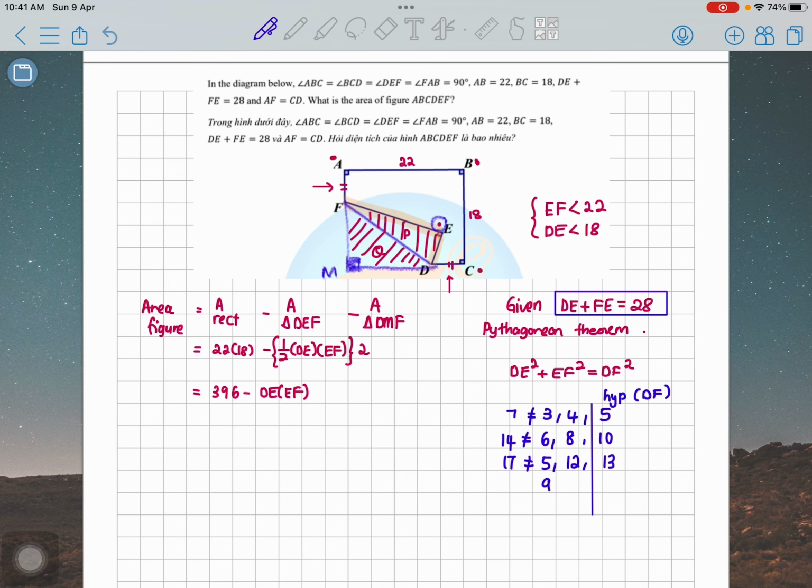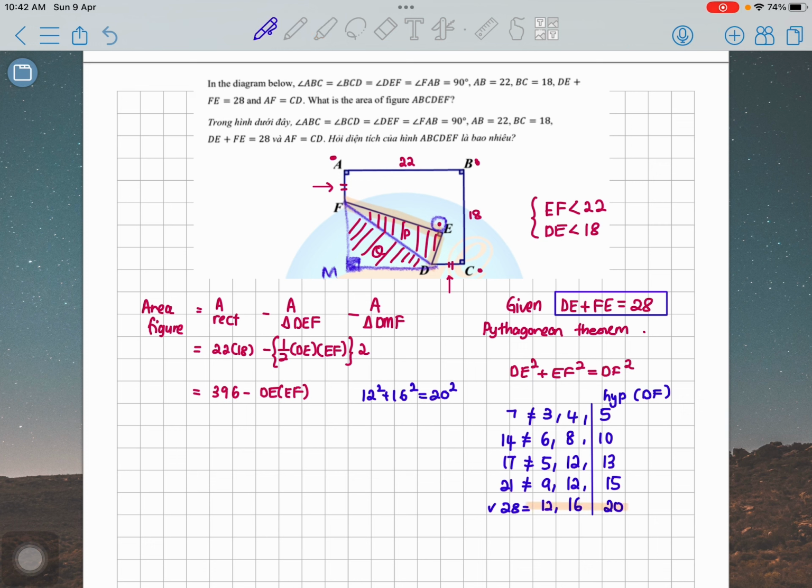How about 9, 12 and 15. 9 plus 12 is 21. So we are not getting it yet. Maybe we can do 12, 16. 12 and 16 is definitely 28, almost there. So you know that 12 squared plus 16 squared is equal to 20 squared. So this combination works.